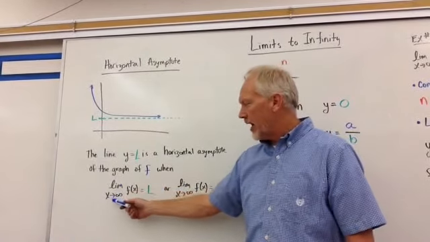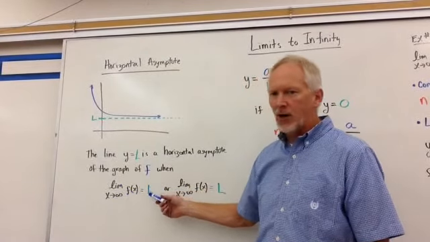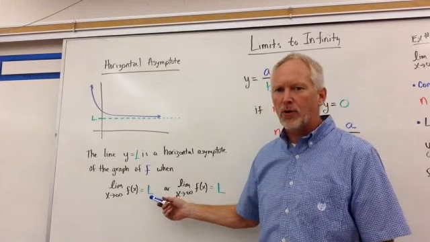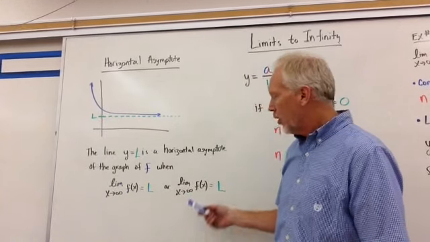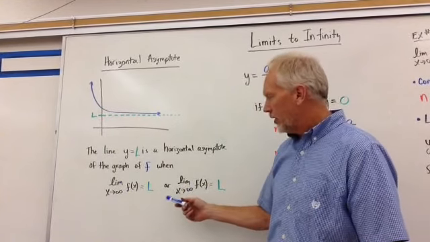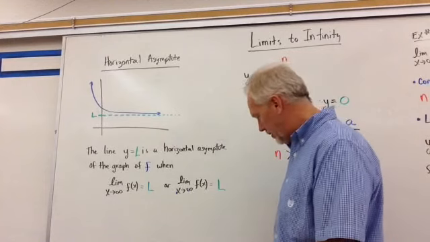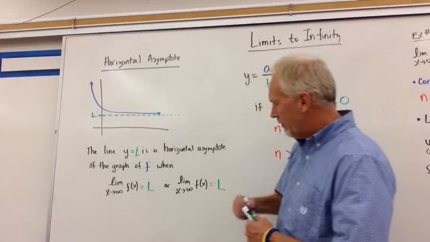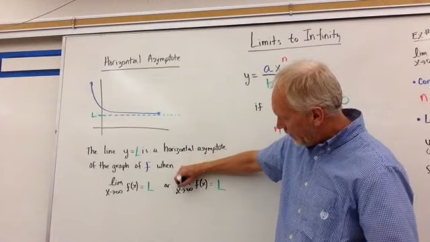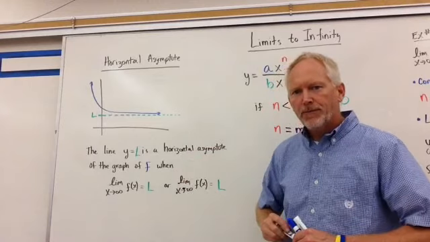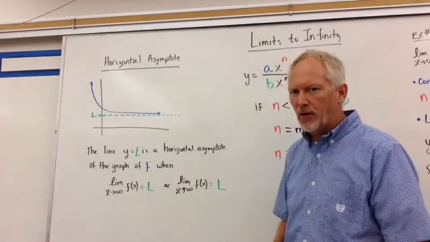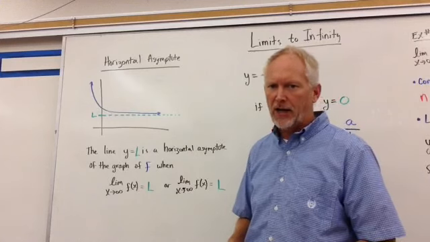When the limit as x goes to infinity starts to get closer and closer, or arbitrarily close to L, or if it's going in the other direction, negative infinity, then I can also get an L value, and that will also be considered a horizontal asymptote.